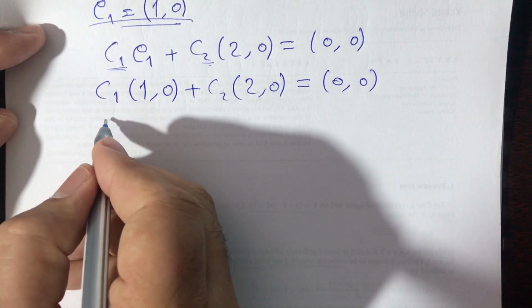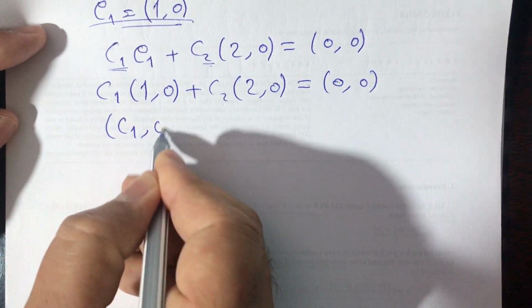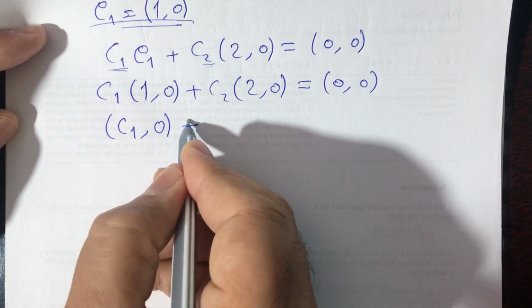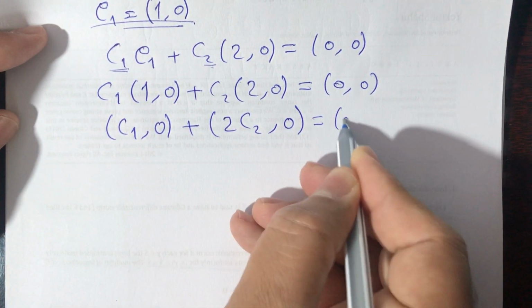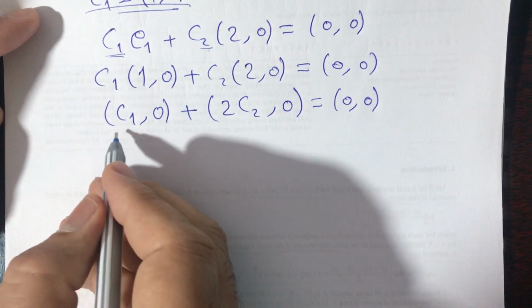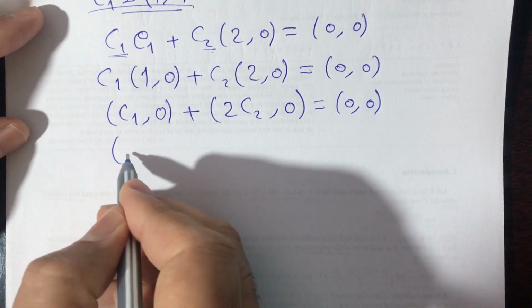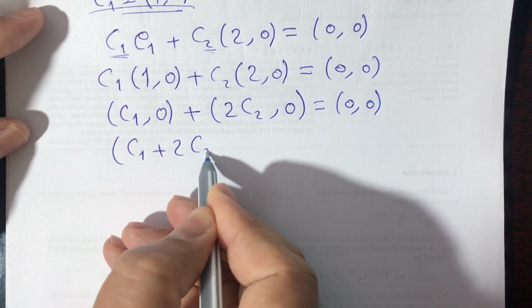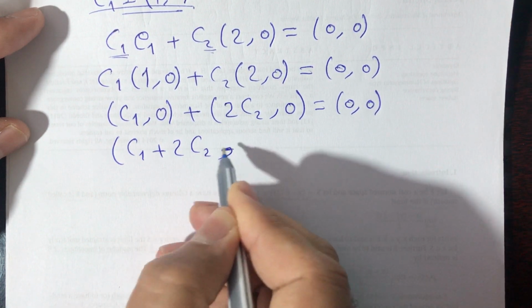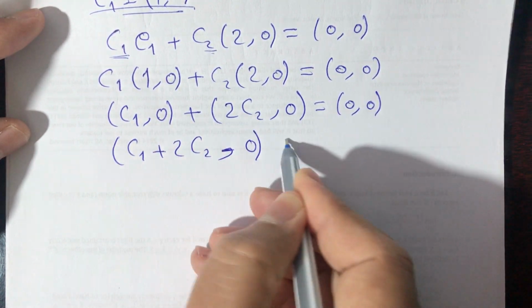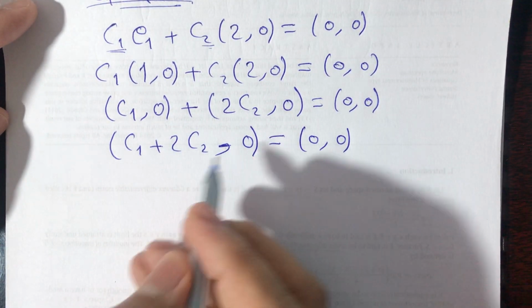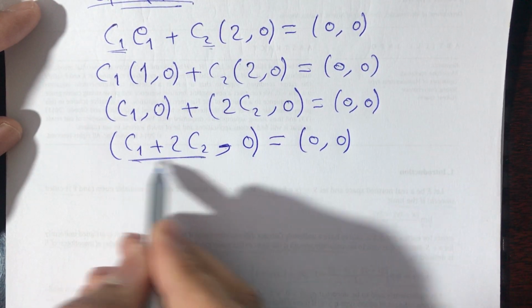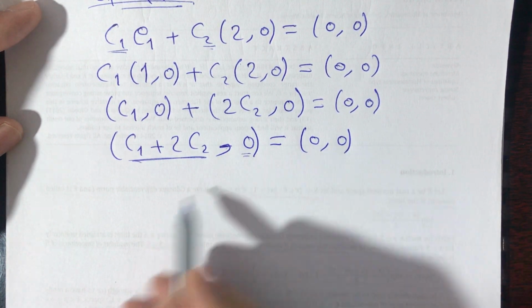This will be C1, 0, and 2C2, 0, equal to 0, 0. Now sum: this will be C1 plus 2C2, and 0 plus 0 will be 0.